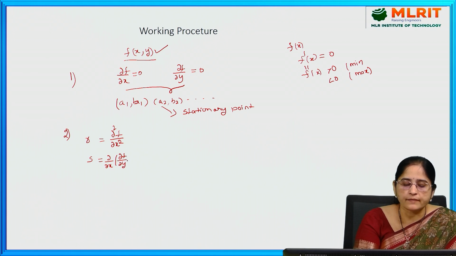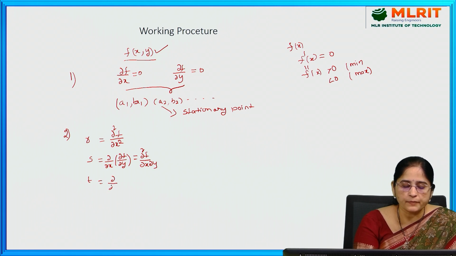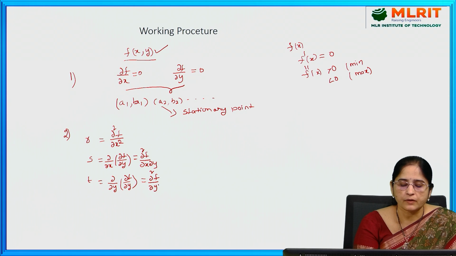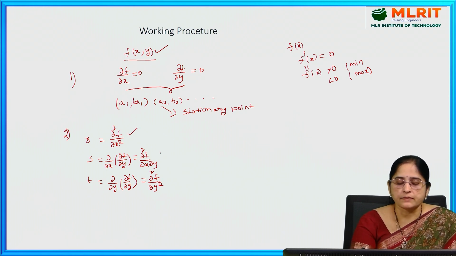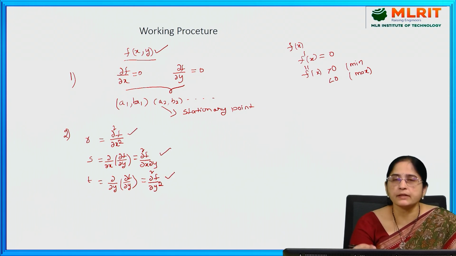So, this is equal to dou square f by dou x dou y. Next T. T equal to dou by dou y of dou f by dou y. So, this is dou square f by dou y square. So, first find out R value, next find out S value, next find out T value.